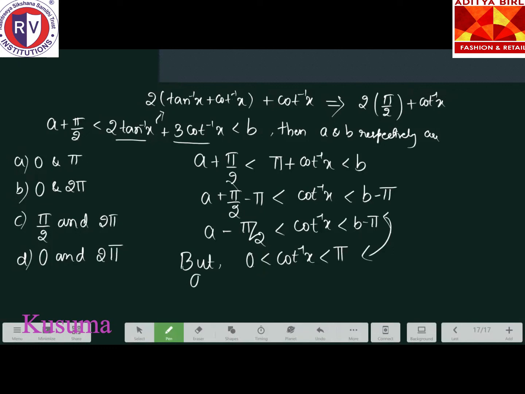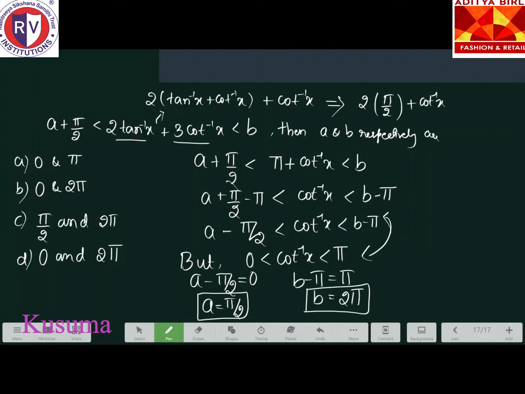That is, a minus pi by 2 can be equated to 0. That will give us a is equal to pi by 2. And similarly, b minus pi can be equated to pi. That will give us b is equal to pi plus pi, which is 2 pi. So these are the values of a and b.